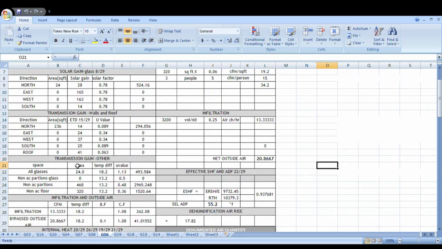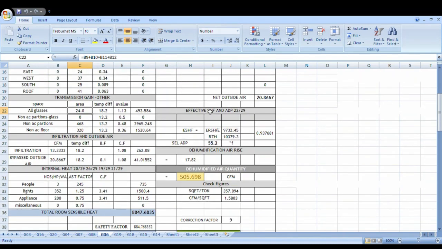Now we will do transmission gain for others. For all glass, the area will come automatically, 24 feet. The temperature difference is here 18.2. Now I will show the U value for all glass.